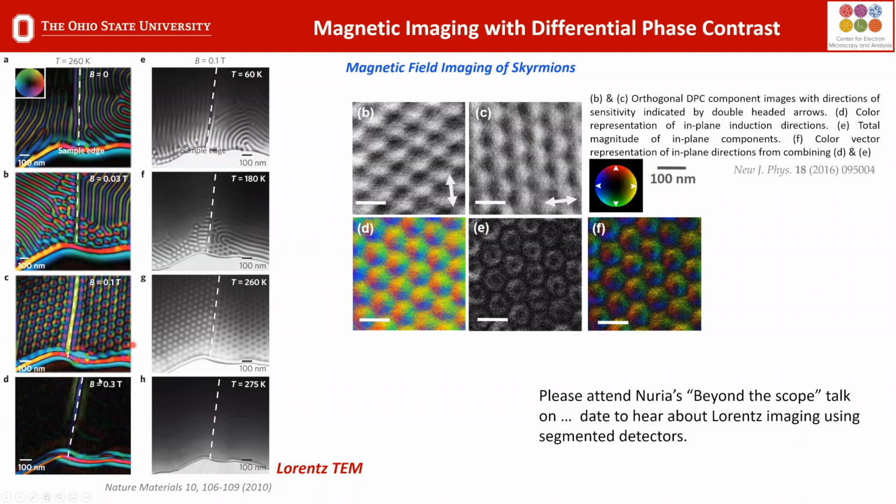But if you were going to look at your transmitted disk and try to recreate it using a DPC function, most of the grain information and the grain contrast is contained in the center of your transmitted disk. So by using a segmented annular detector, you can get rid of that grain information. And now we can resolve similar helical phases with similar resolution, but we don't have the edge and the interface effects.